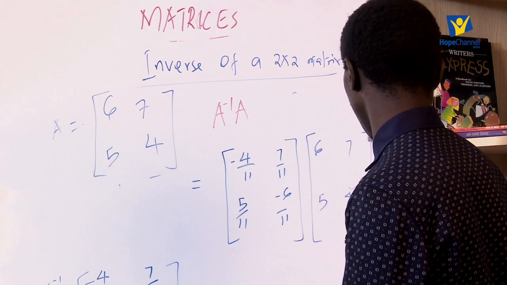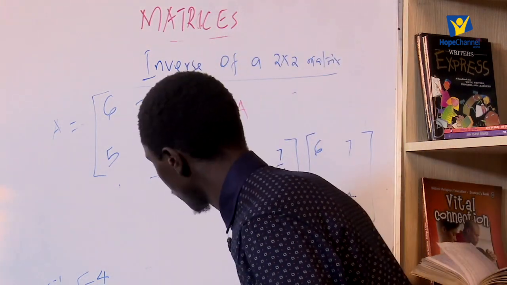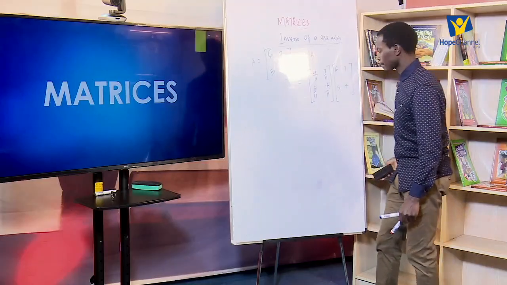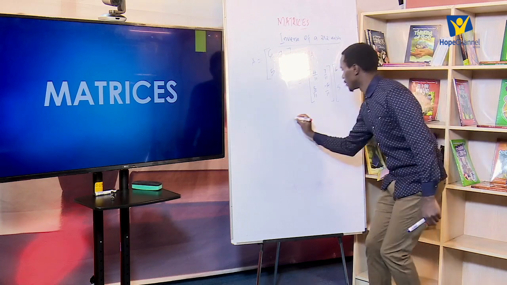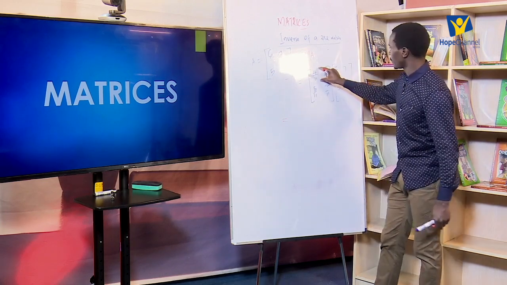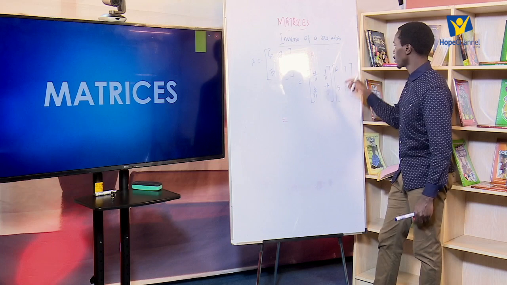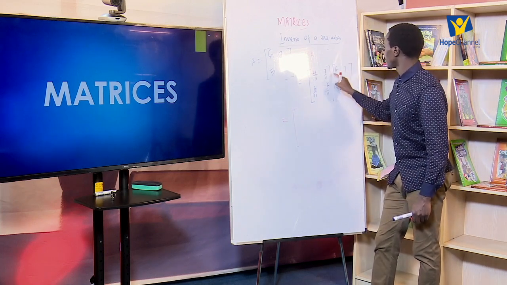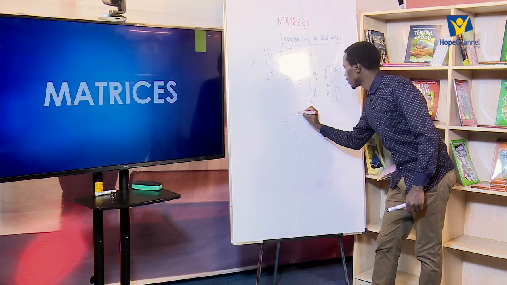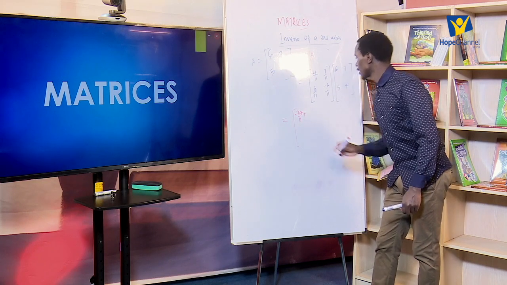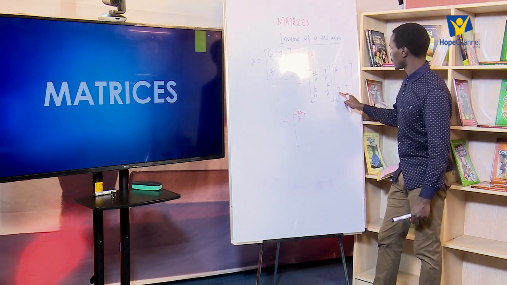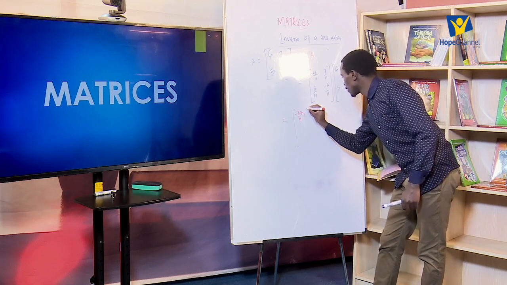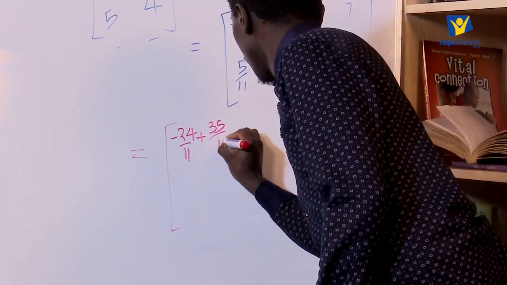So when you multiply that, what do you get? Let's see. Of course it is row against column. Negative 4 over 11 times 6 is negative 24 over 11, plus 7 over 11 times 5, which gives us 35 over 11.